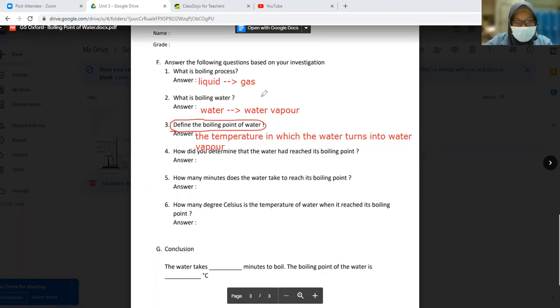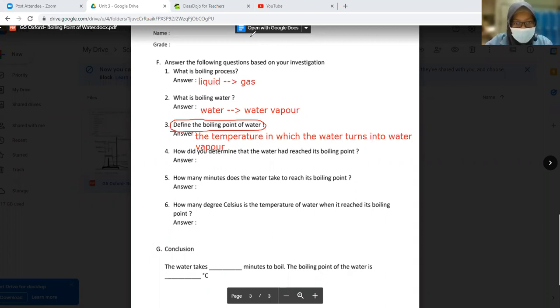And how did you determine that the water had reached its boiling point? If you boil some water and your mom says it's already boiling, usually there are some bubbles appearing. The bubbles are going up. So it means that the water has reached its boiling point. That's physically, but you can also observe from the graph.